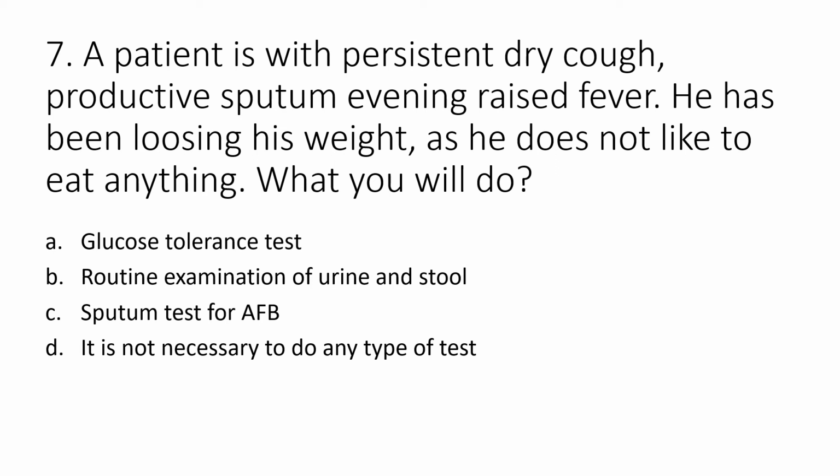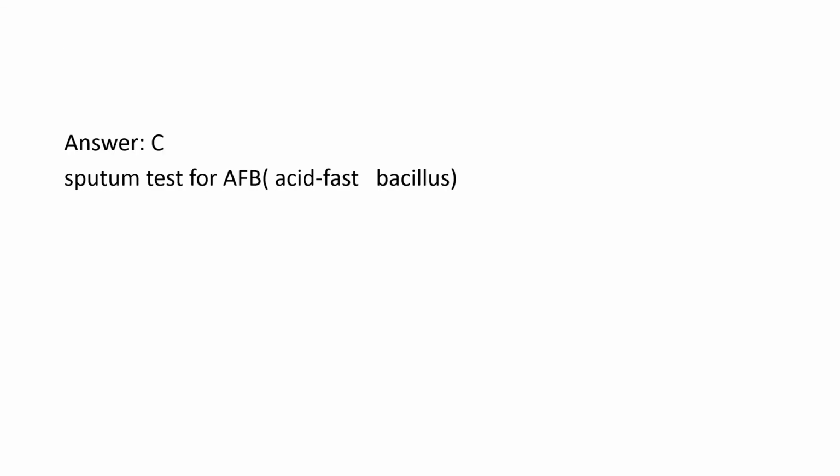And the sputum test for AFB is done for patients who have cough and symptoms of tuberculosis. You might have guessed the correct answer, and the correct answer is option C, a sputum test for acid fast bacillus to check for the presence of tuberculosis infection in the patient.